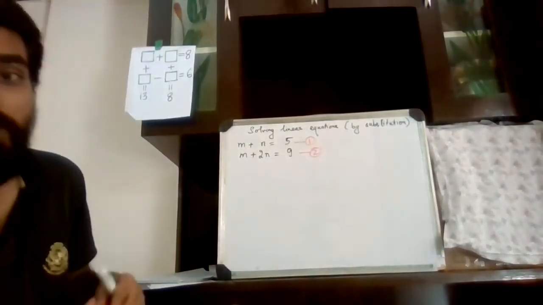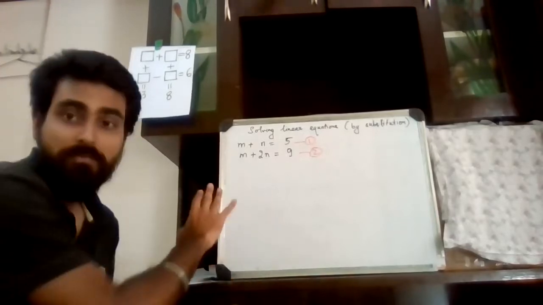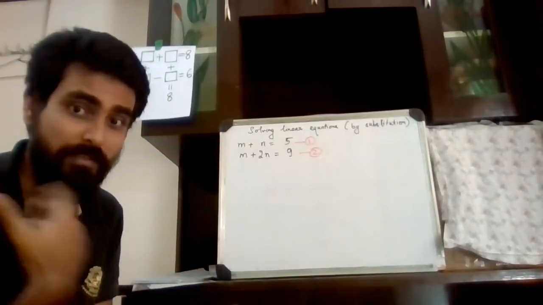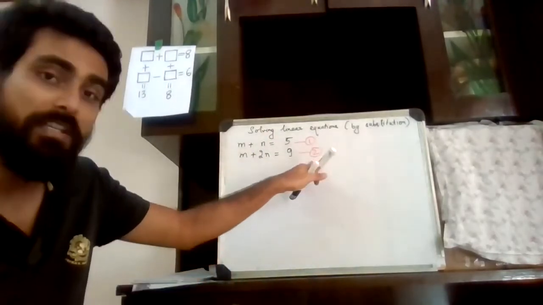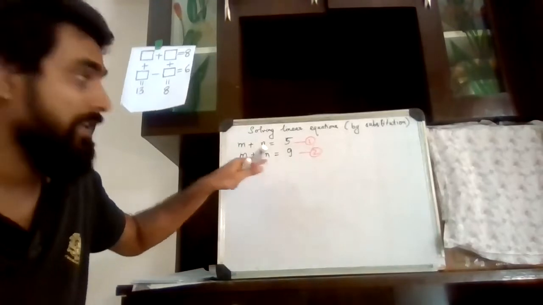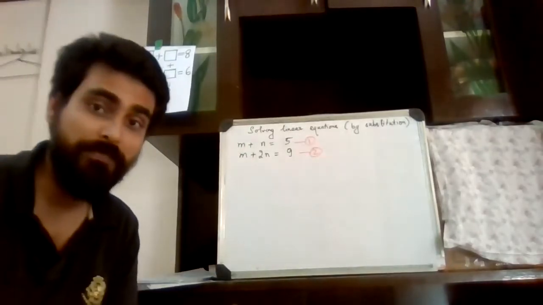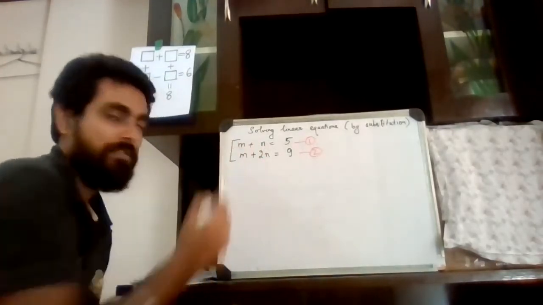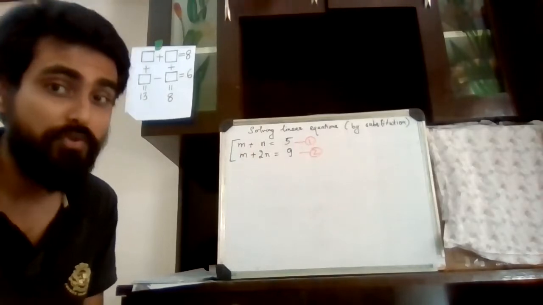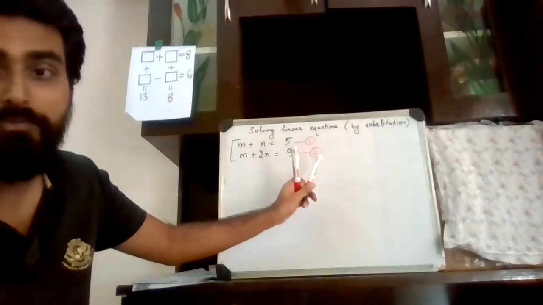So when I put that value in the first equation, it should be true. Whatever my left hand side and right hand side are, they should be the same. Same thing for the second equation. When I put the value of m and n, left hand side and right hand side should be the same. When I say I'm solving this set of equations together, it means the same value should work for 1 also and for 2 also.